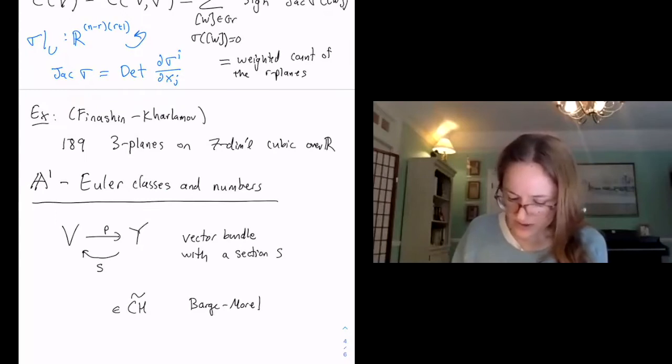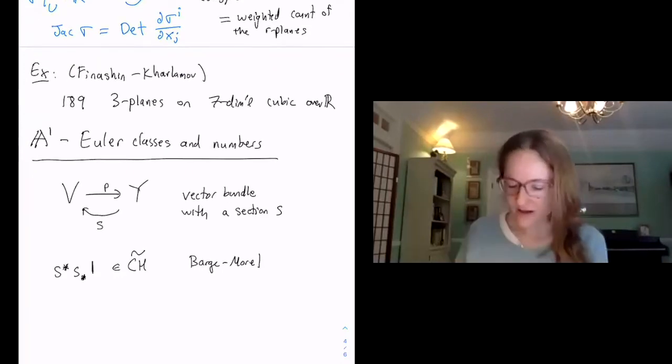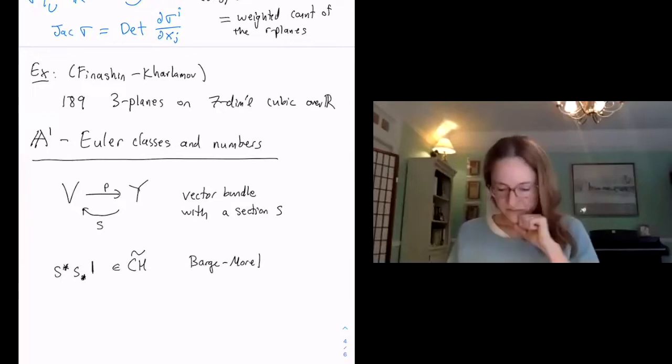And this Euler class, there's a 1 in oriented Chow, and you can push forward the 1 by the section and pull back exactly as Mark outlined last week.